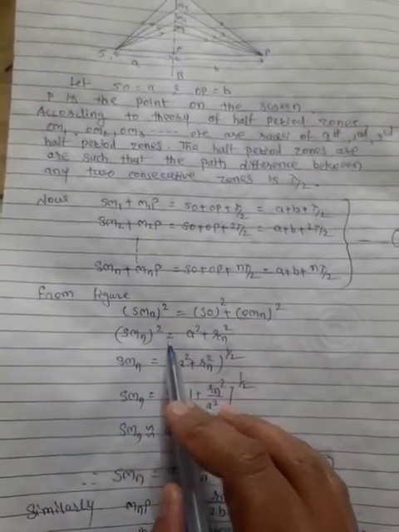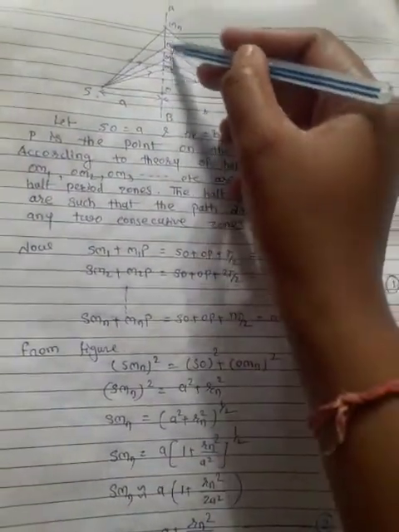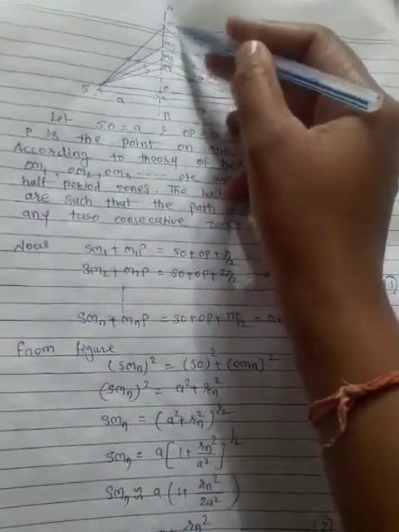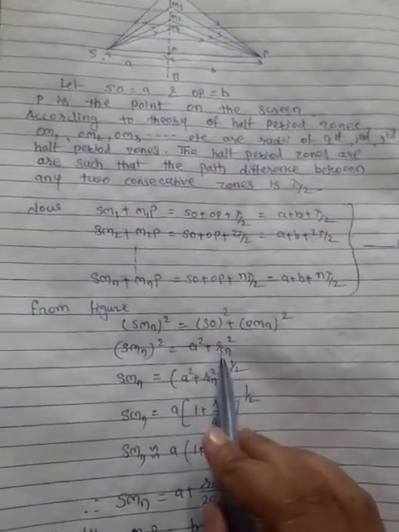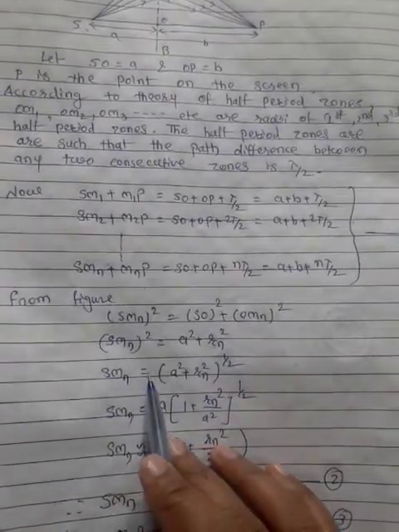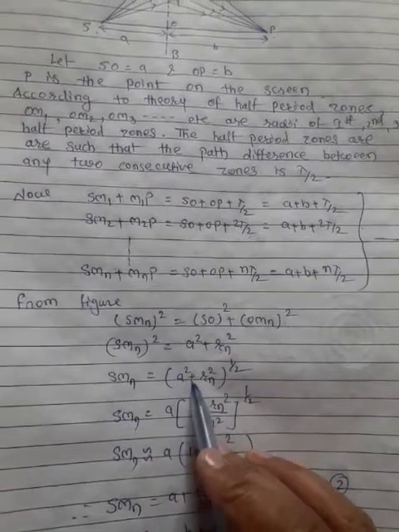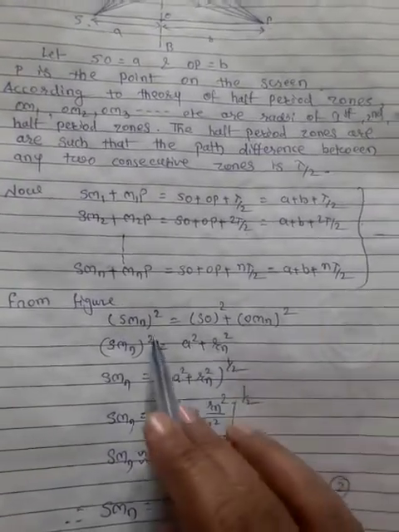Here SMn square equals SO, which is nothing but a, and OM is the radius of the half period zone, which is taken as Rn, so it will become Rn square. Then SMn equals (a square plus Rn square) to the power half.